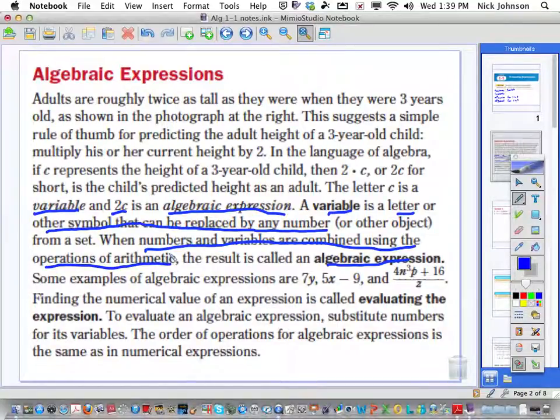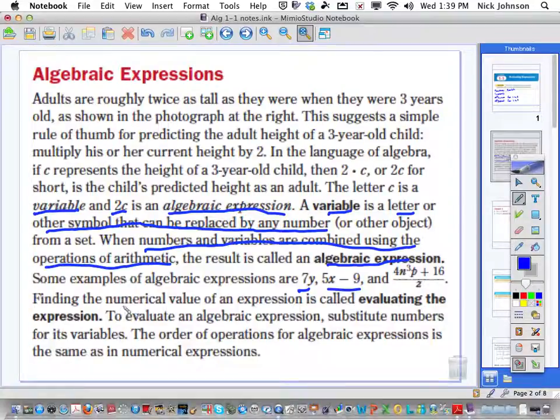Some examples of algebraic expressions are 7y, 5x minus 9. See, letters, numbers, algebraic expressions. Side by side is multiplication. Remember, that's an algebraic expression. There's multiplication in there using operations of arithmetic. And this whole thing is also an expression.